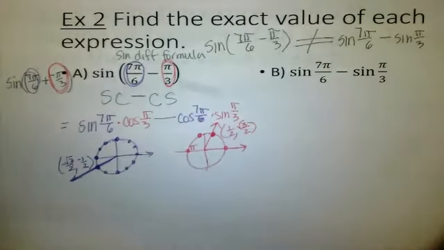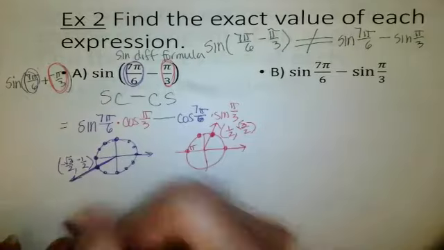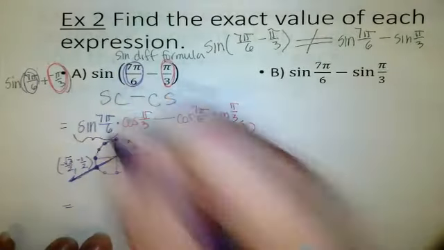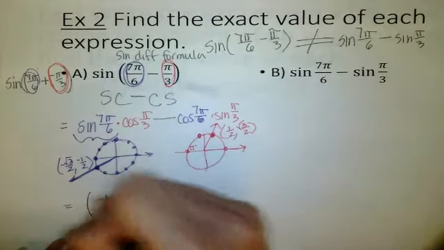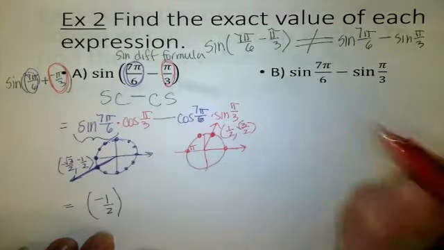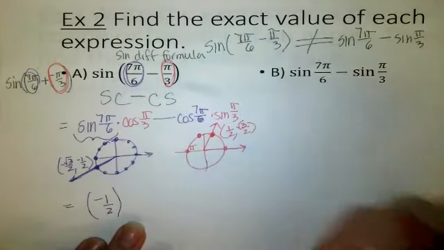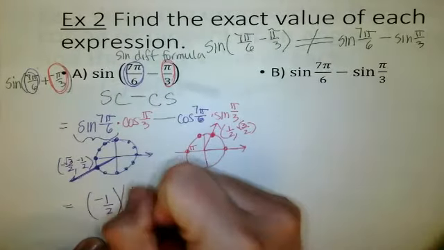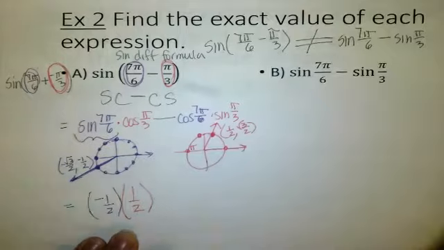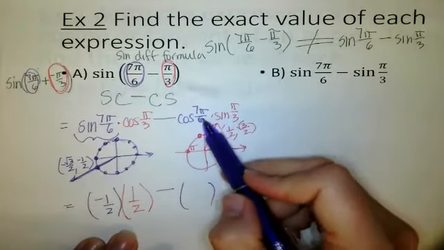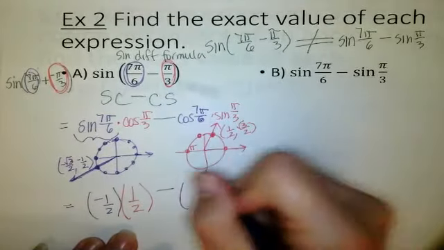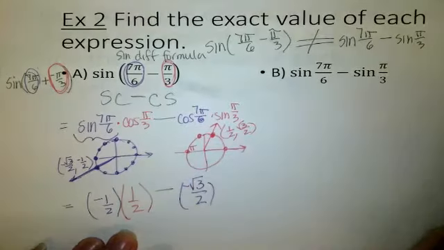All right. So now we can evaluate. What is sine at 7 pi over 6? Negative 1/2. What is cosine at pi over 3? Positive 1/2. Good. Minus. What is the cosine value at 7 pi over 6? Negative radical 3 over 2.